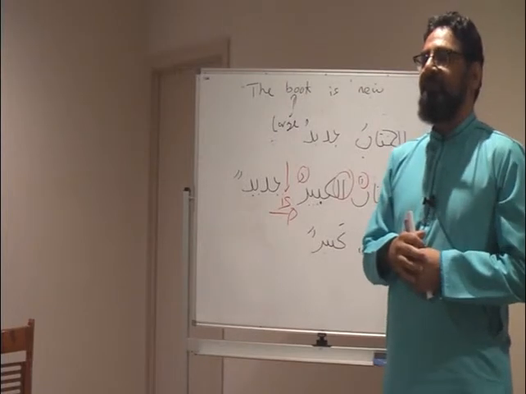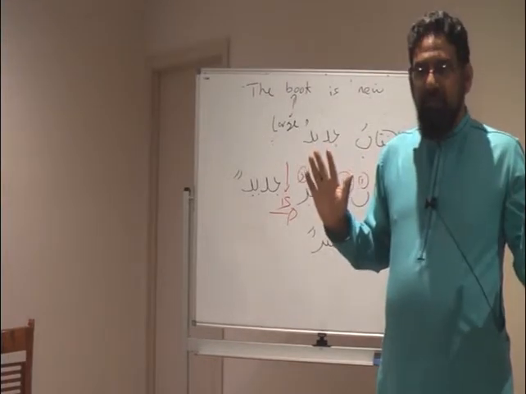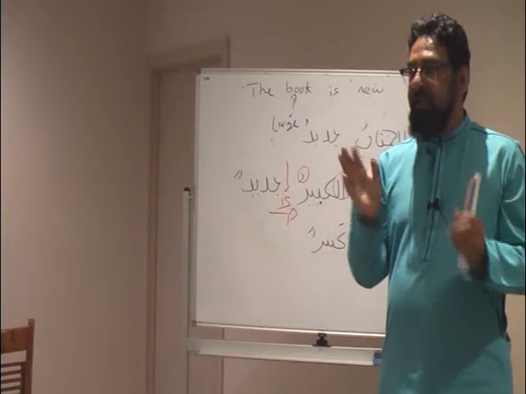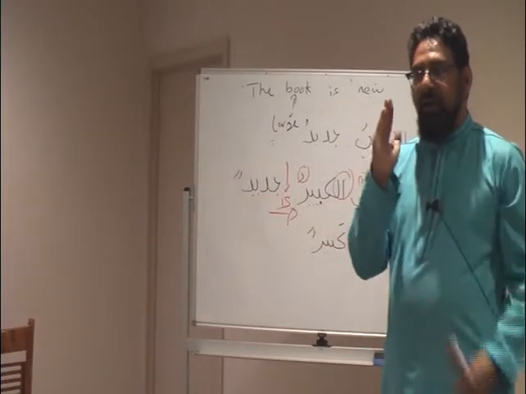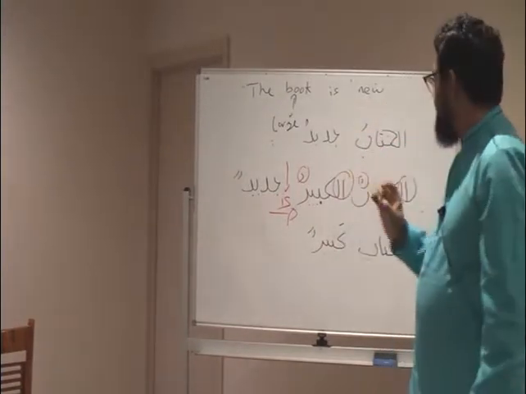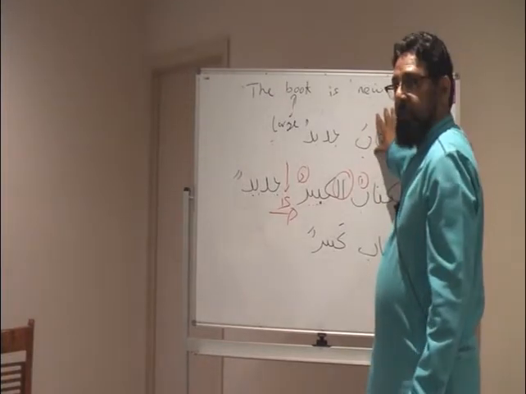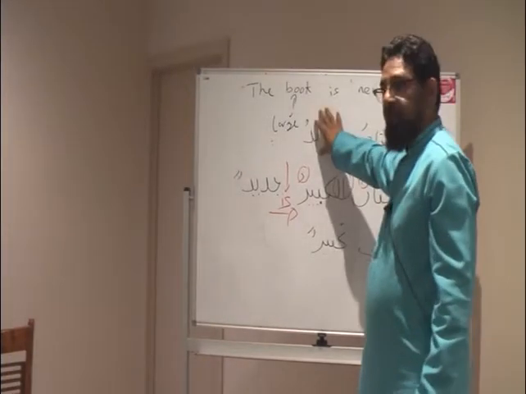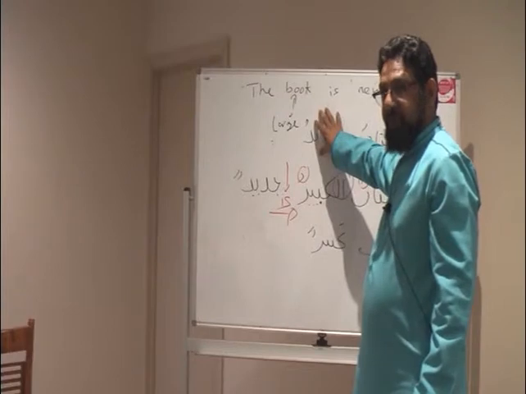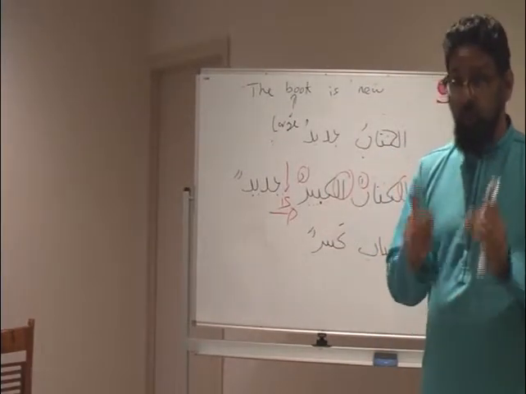Mubtada khabar is a sentence, not a phrase relationship. A phrase is where words come together. So the mubtada can consist of words and phrases, and the khabar can consist of words and phrases. That makes a sentence, a jumla.